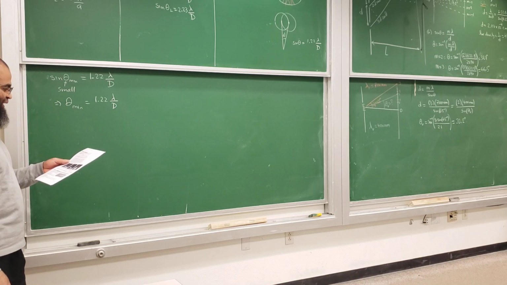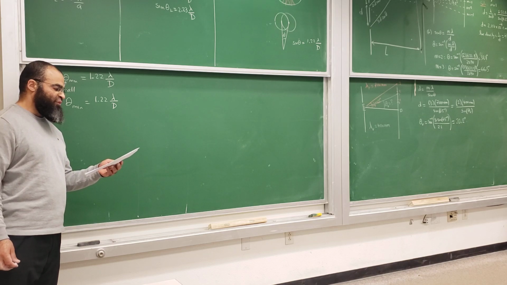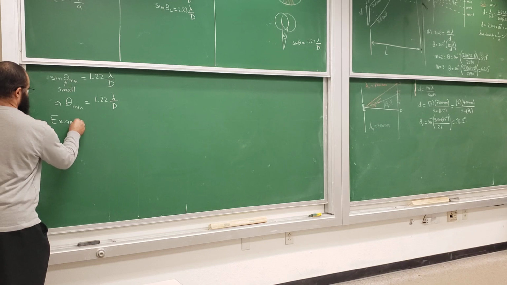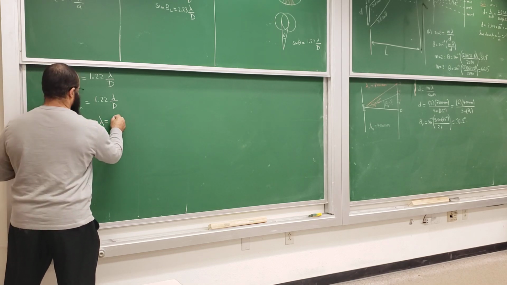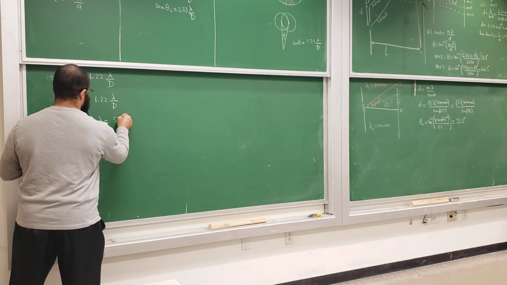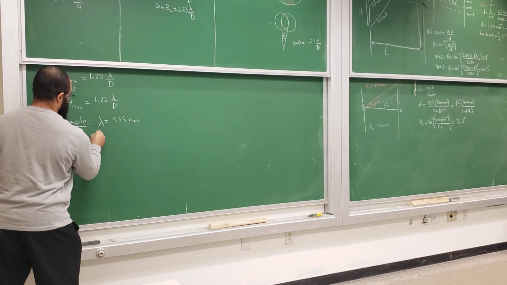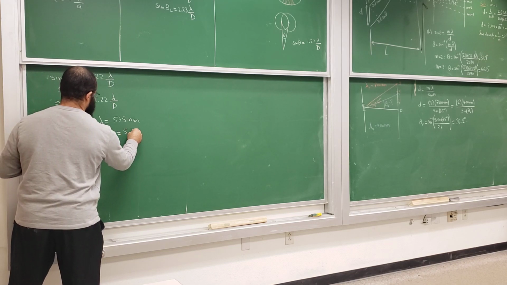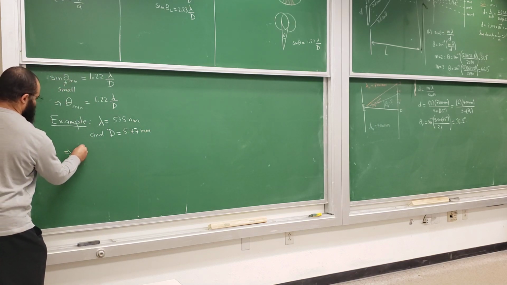So let's do this example here. It says, find theta minimum for green light and an aperture diameter of 5.77 millimeters. Let's say lambda is 535 nanometers, and the diameter is 5.77 millimeters.